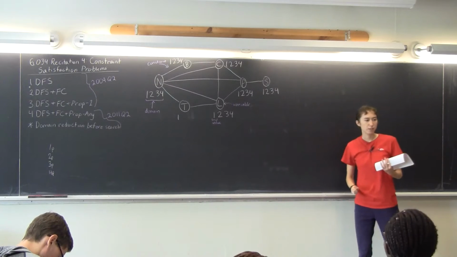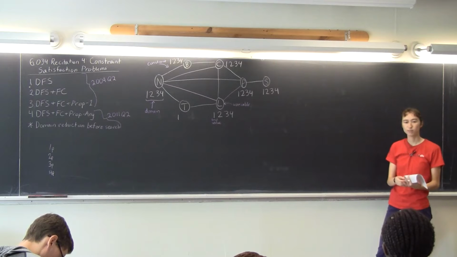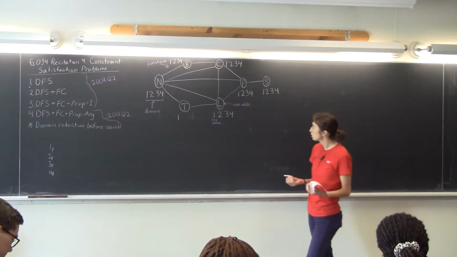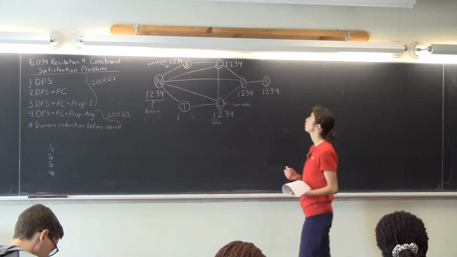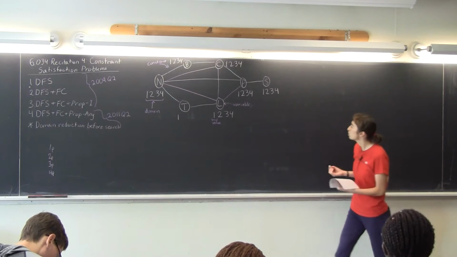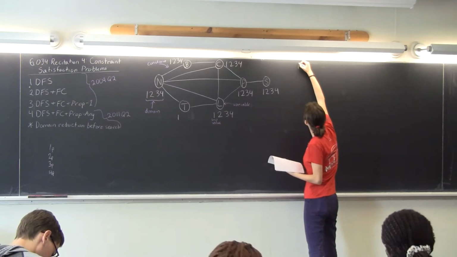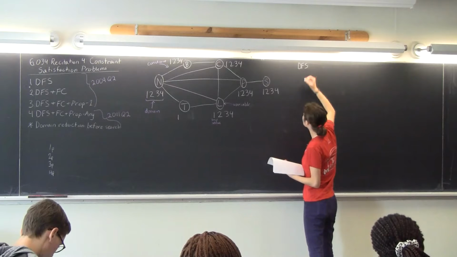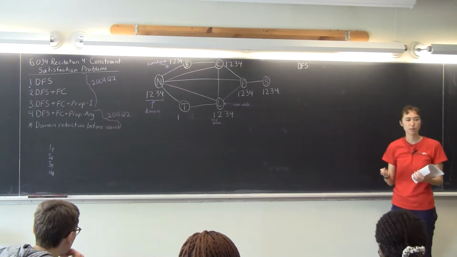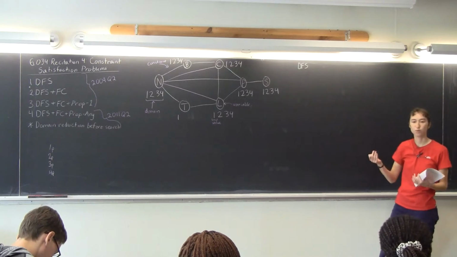So now we're going to try to assign each of these people to a time slot. And we're going to first do a simple method, just plain depth first search. So in depth first search, we're going to make assignments, and after we make each assignment, we'll make sure that it doesn't conflict with the previous assignments.